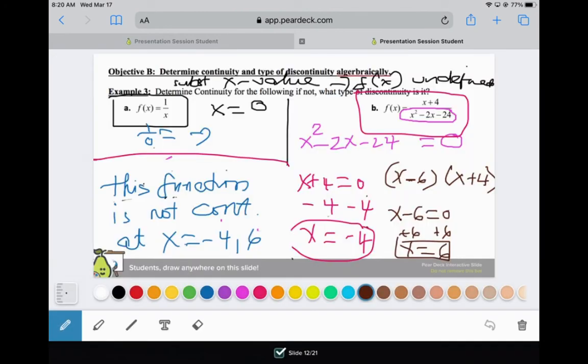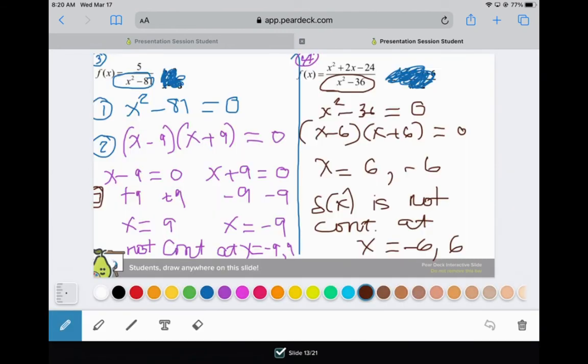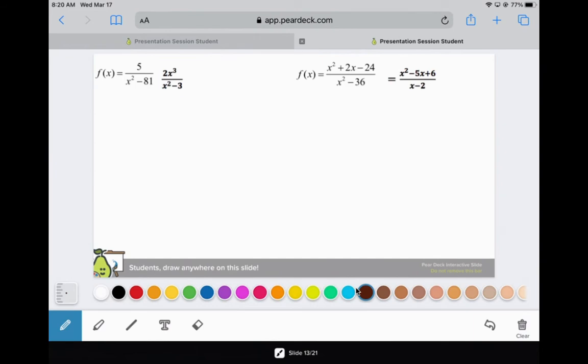I'm going to ask you to do this one. Sorry. Okay, I'm going to clear this part if you need to copy. So I'm going to cross this out. Okay.